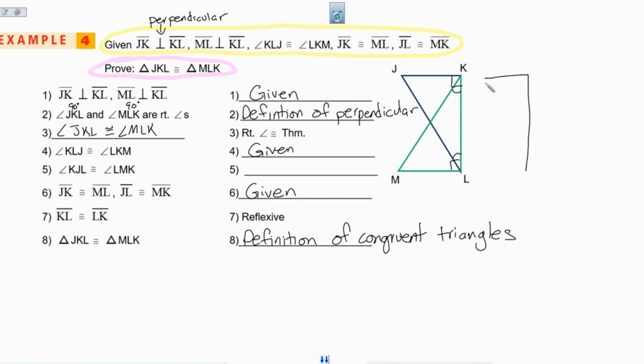If you aren't sure what I'm talking about because you don't see your two triangles, we have triangle JKL that looks like this, and we have triangle MLK that looks like this. So we have two sets of angles that are congruent. How can we tell that our last set of angles are congruent? We used it in the last example.